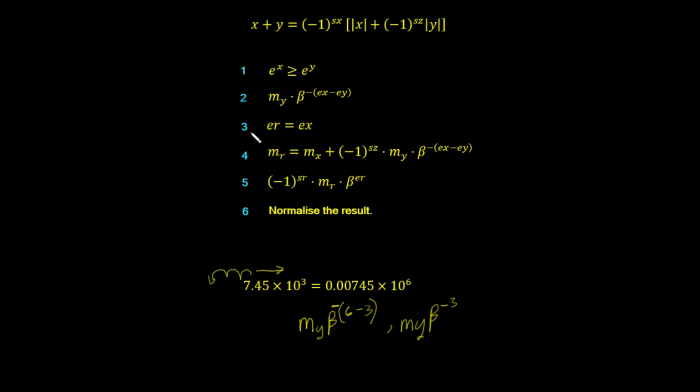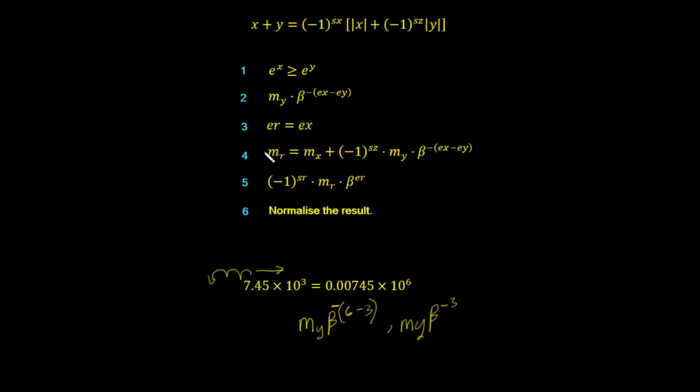Now we also said that we're going to set the result for the exponent as a value of ex, because that's going to be the largest exponent value. And finally, or the fourth term here, we're going to work out the mantissa for the result.